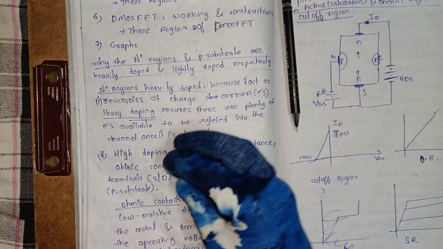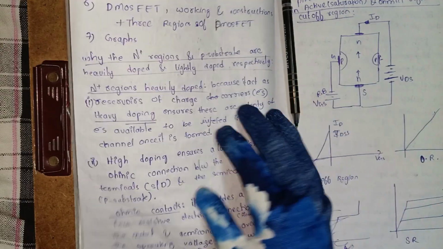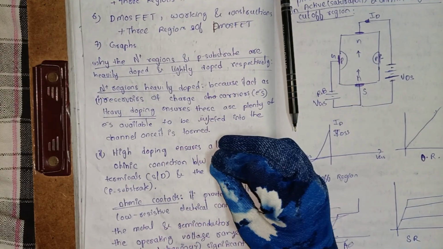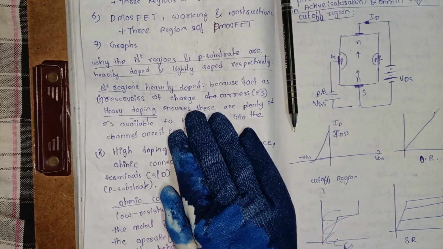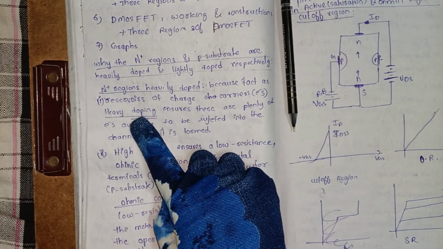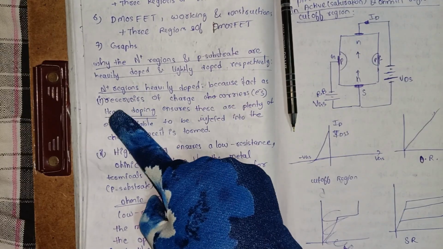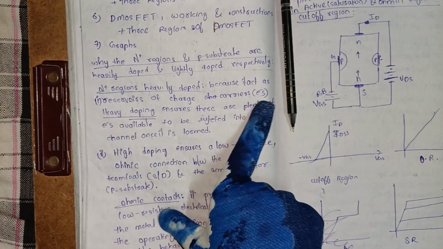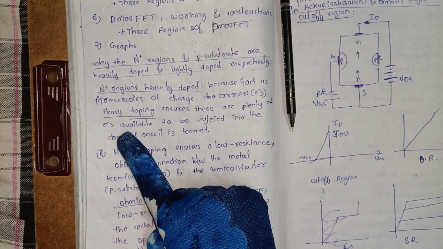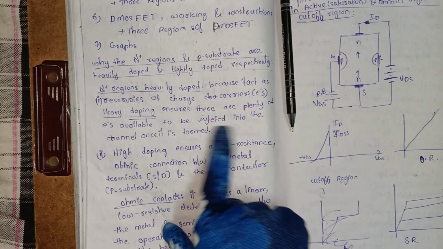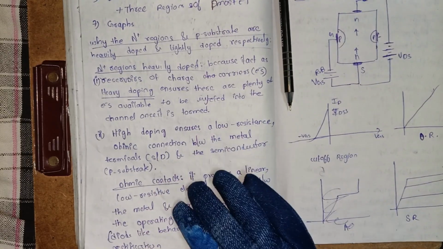Okay, because heavily doping means adding more amount of extra electrons to the N type regions. So it acts as a reservoir of charge carriers means electrons. Heavy doping ensures there are plenty of electrons available to be injected into the channel once it is formed.